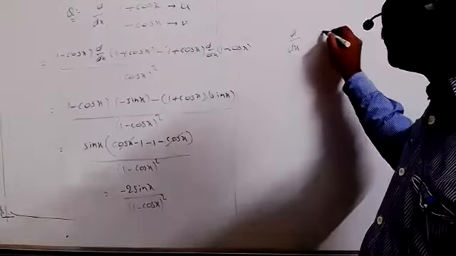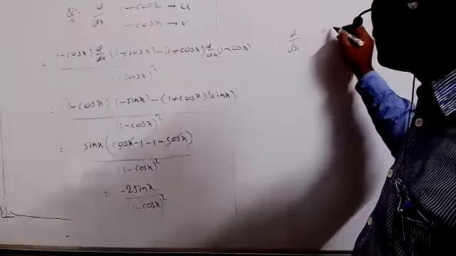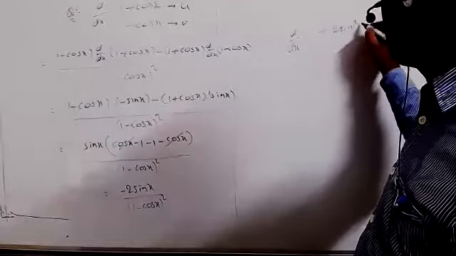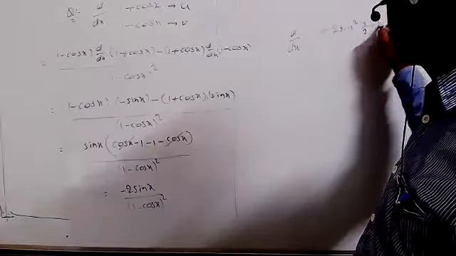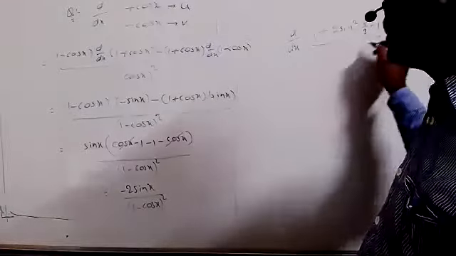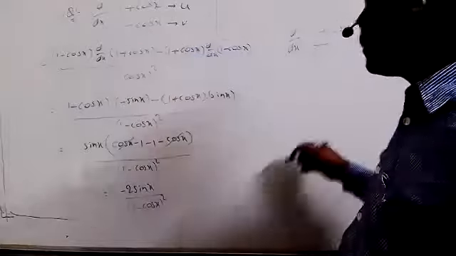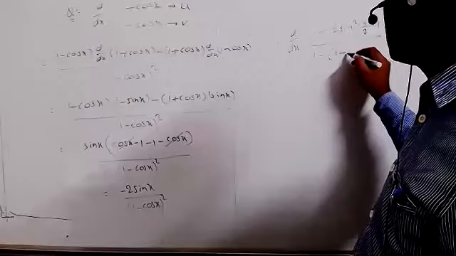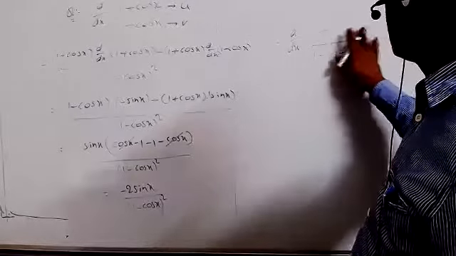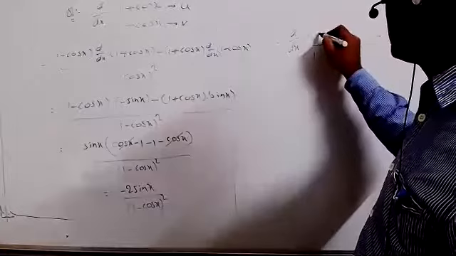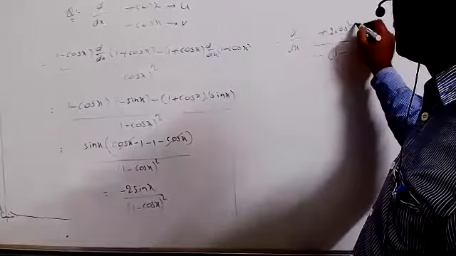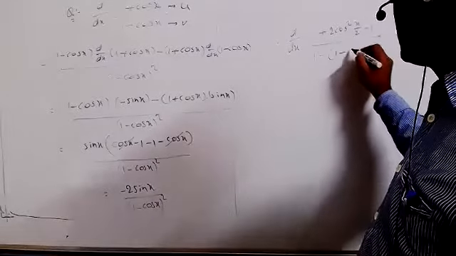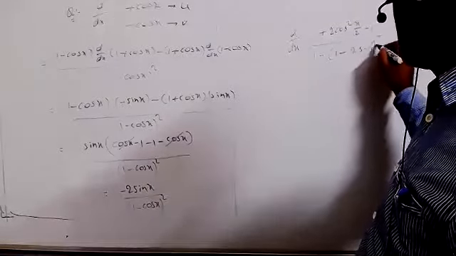Correct? 1 plus cos x equal to, you can write now 2 cos square x by 2. Here you can write 1 minus 2 sin square x by 2.